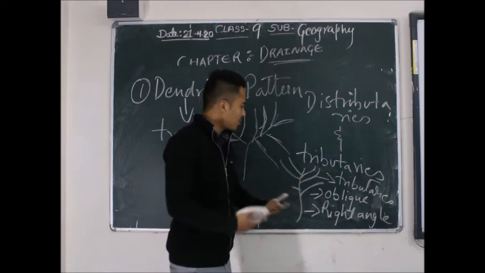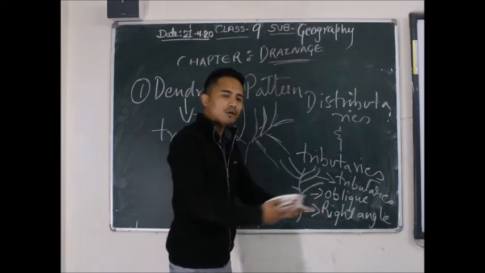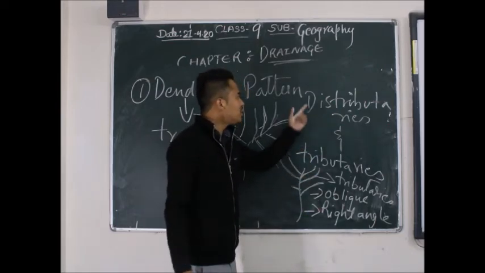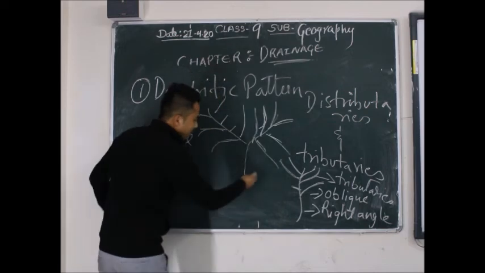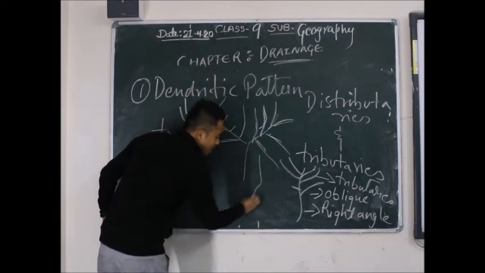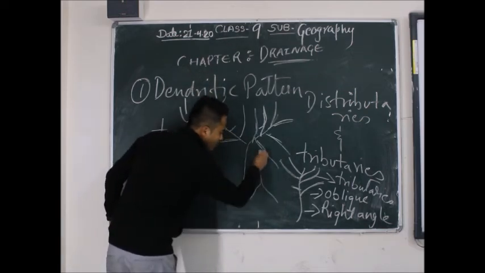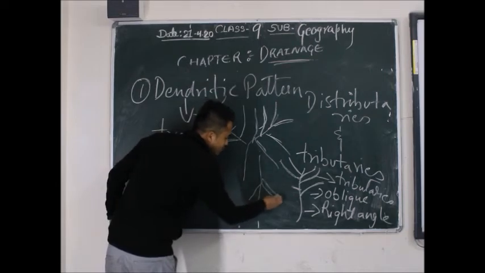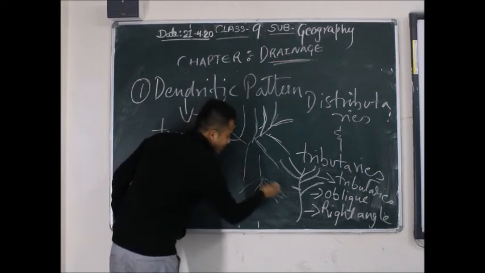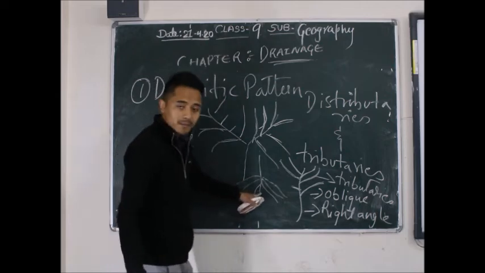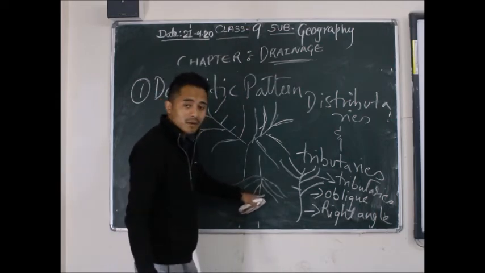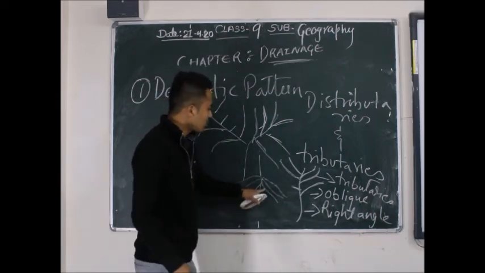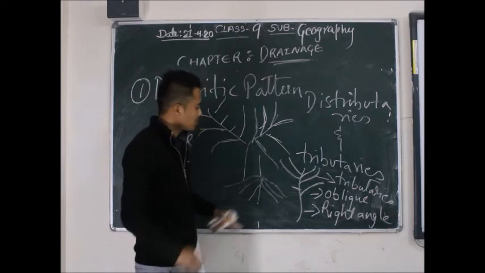and those streams move in an inward direction of the rivers, while distributaries, the river flows down and it distributes. Okay, distributes in this manner. When the river distributes, we can say the river moves outwards from the main river.